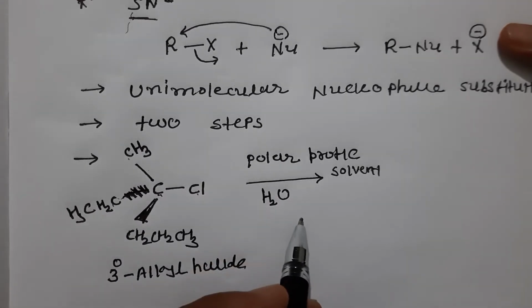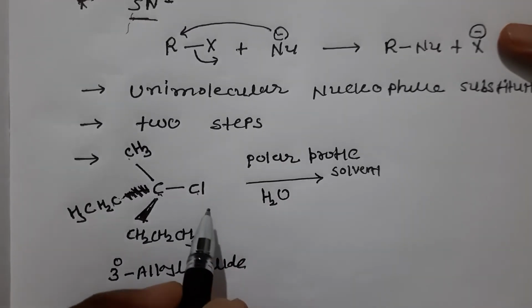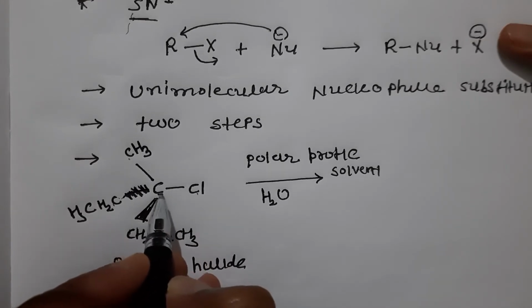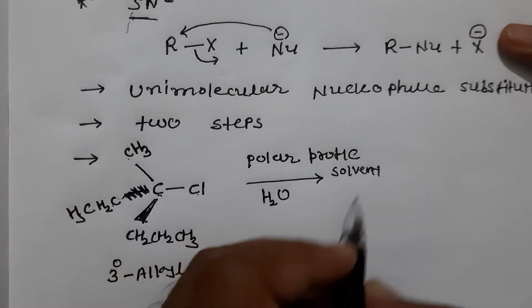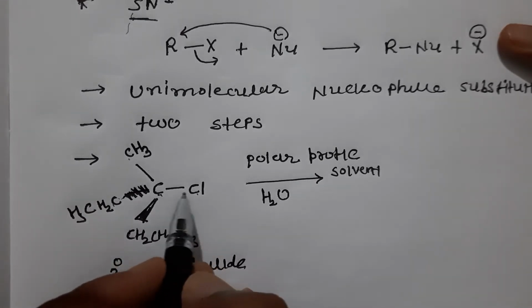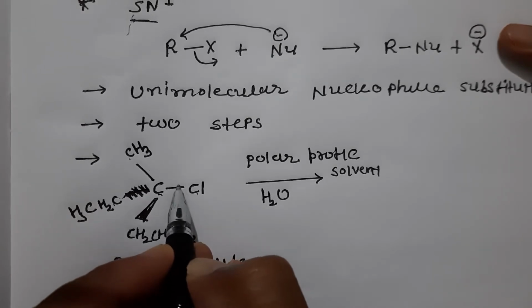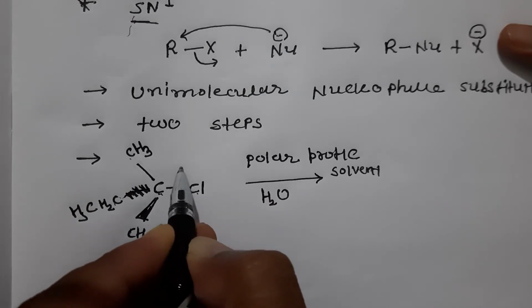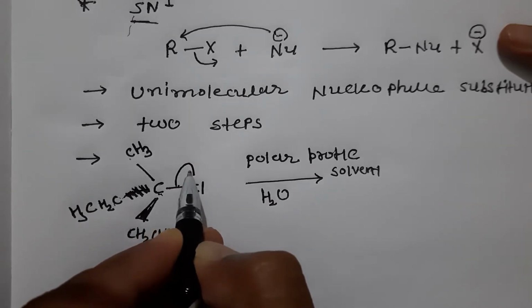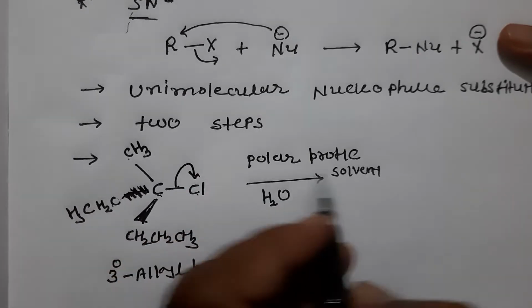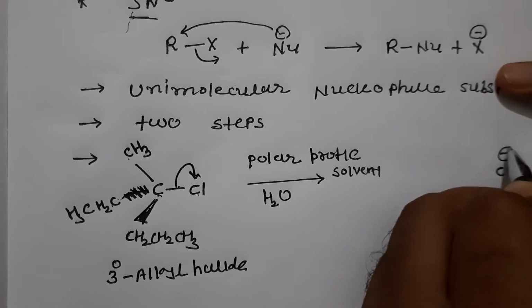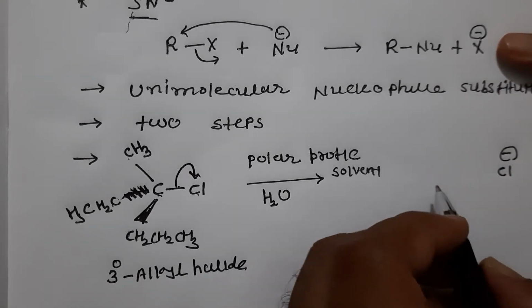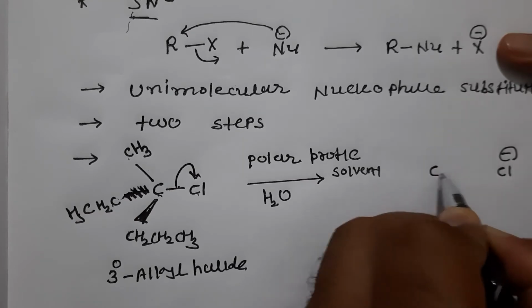In the presence of a polar protic solvent, in the first step polarization occurs. Here the electronegativity difference between carbon and chlorine is large, and the polar protic solvent also supports this polarization. So in the first step, the bond breaks and Cl departs from this carbon as Cl minus ion, and we know that chloride is a very good leaving group, and there is a formation of carbocation.